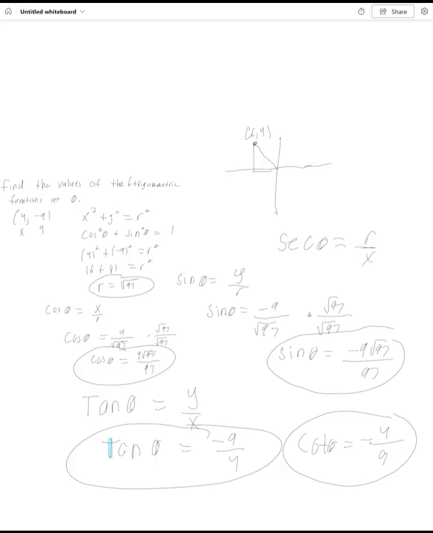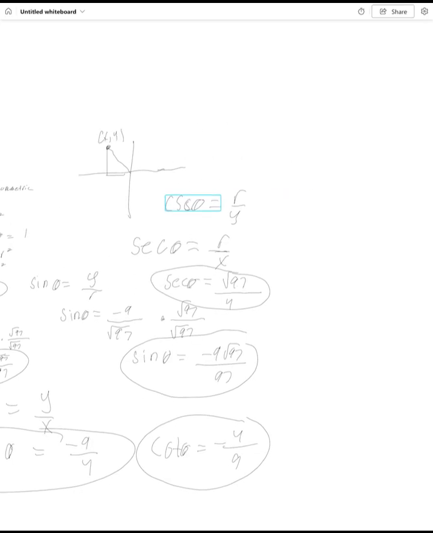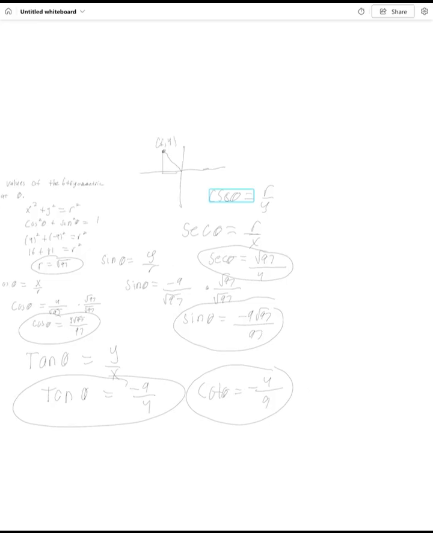And then secant of theta, which is r divided by x. So it would just be square root of 97 all over 4. And then we're going to have cosecant of theta equal to r divided by y.